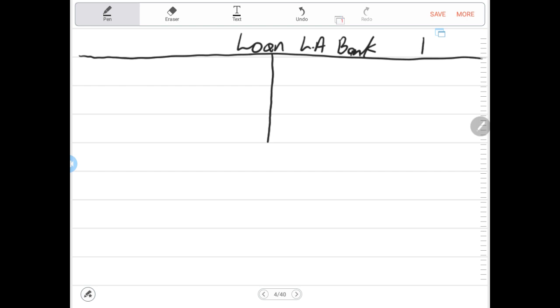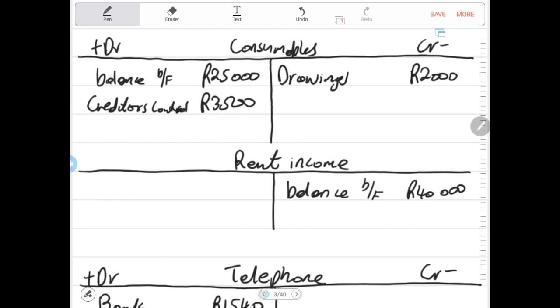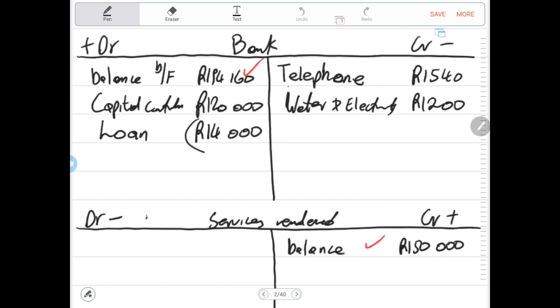A loan is a liability, and liabilities increase on the credit side and decrease on the debit side when we pay them. So in this case, our liabilities, meaning people we are owing money, are increasing by 14,000. Why? Because we have taken money from them. Remember, for every debit entry, there should be a credit entry.